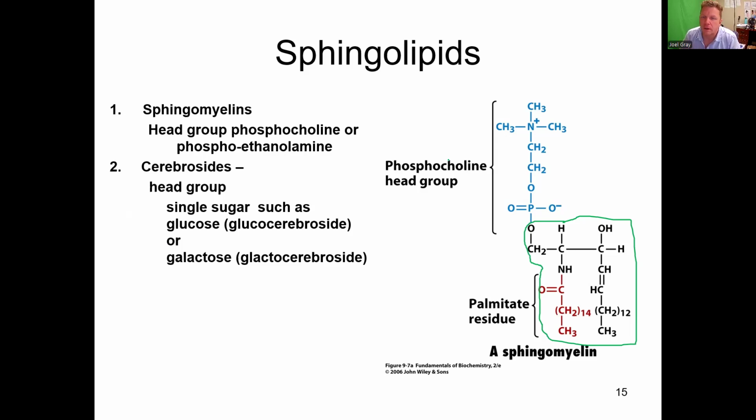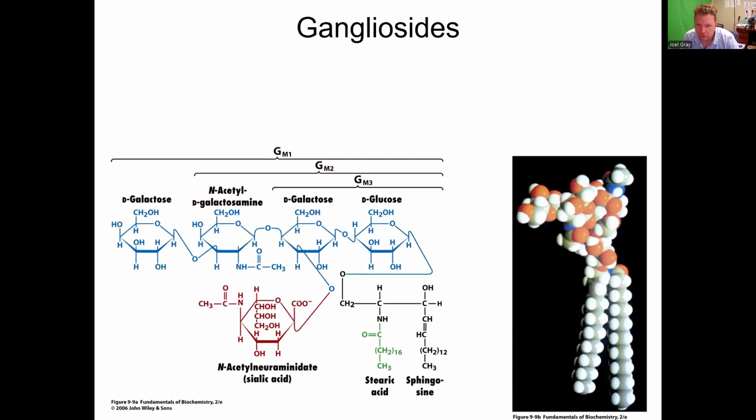That could be a different type of head group, or a different molecule there, and that's going to communicate different things.